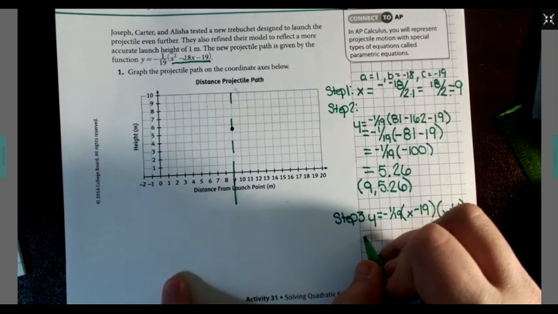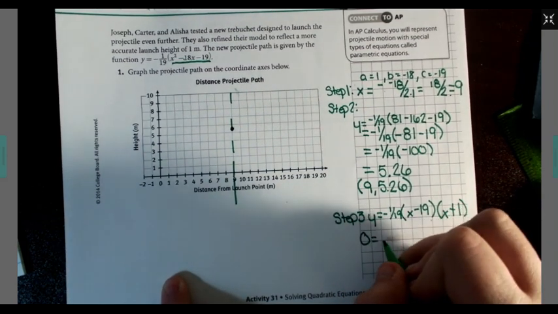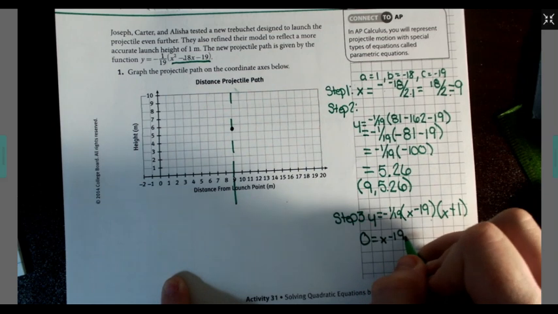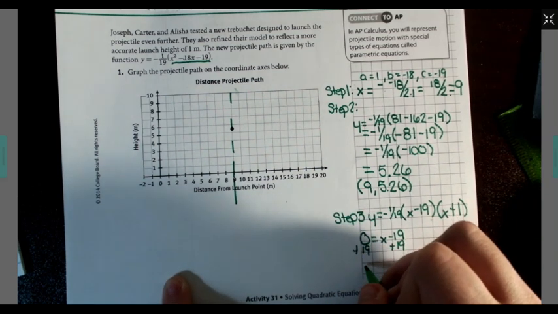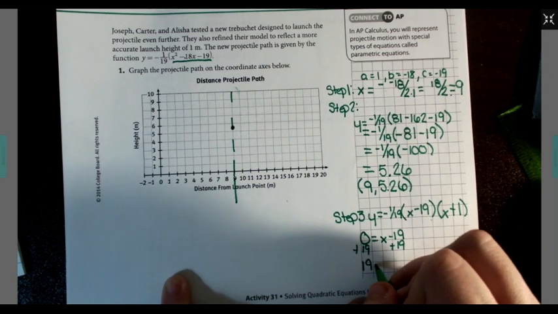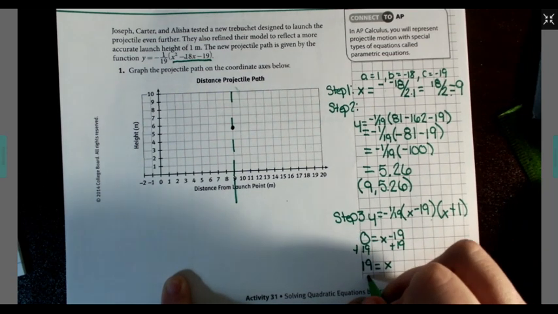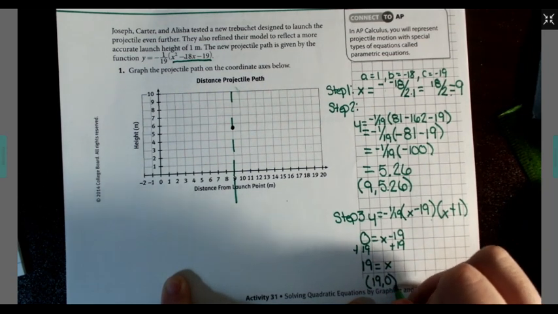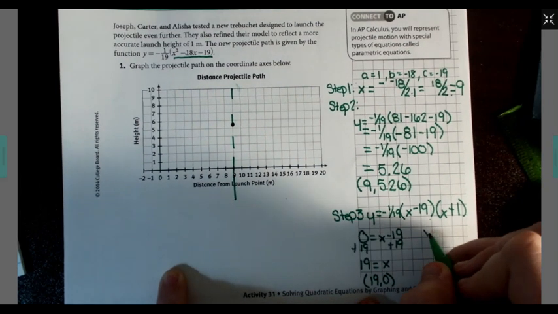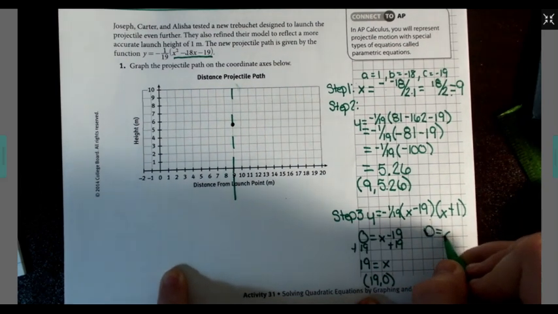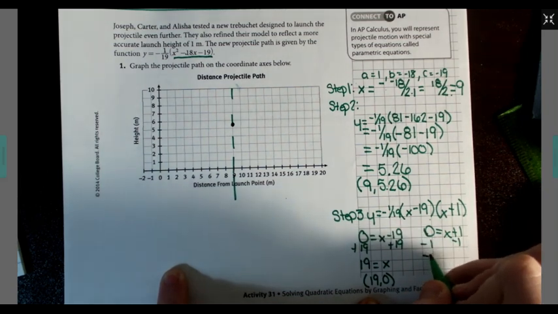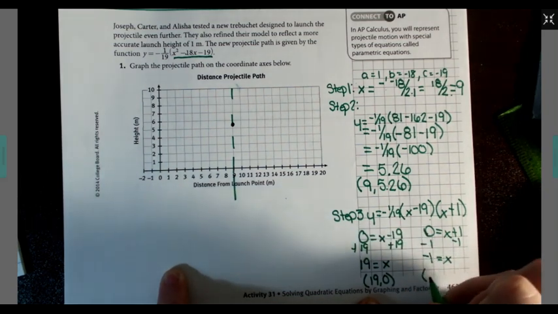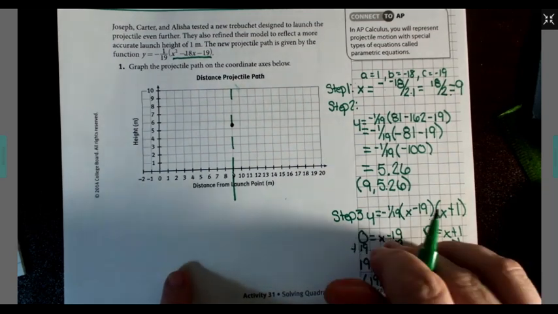So I set those equal to 0. 0 equals x minus 19. When I add 19 to both sides, I have a 0 at 19, 0. Then we've got 0 equals x plus 1. We're going to subtract 1 from both sides. That's going to give me a 0 at -1, 0.